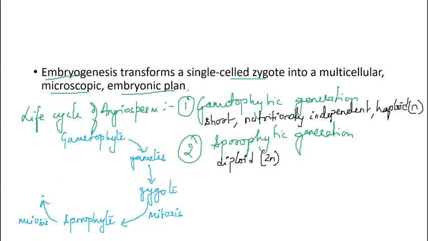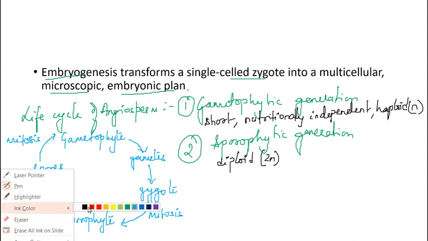So the sporophytic plant undergoes meiosis and forms spores. And the spores will again undergo mitosis and form the gametophyte.